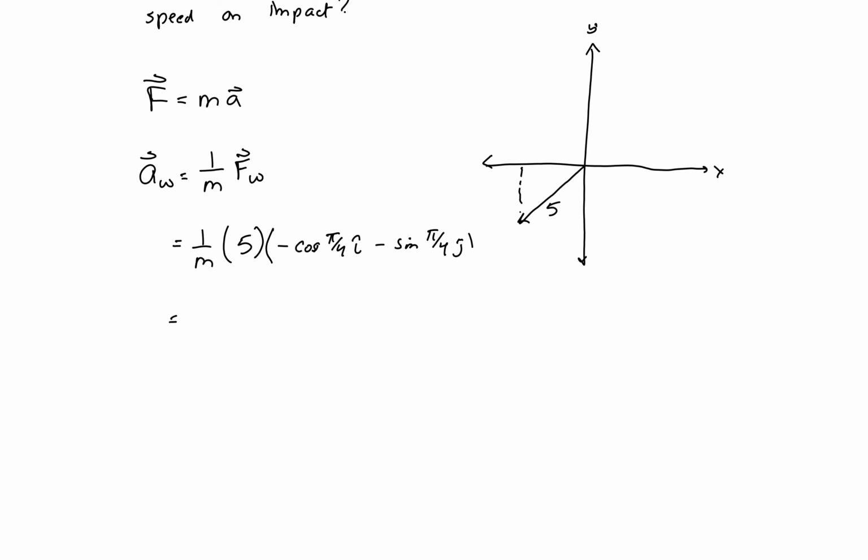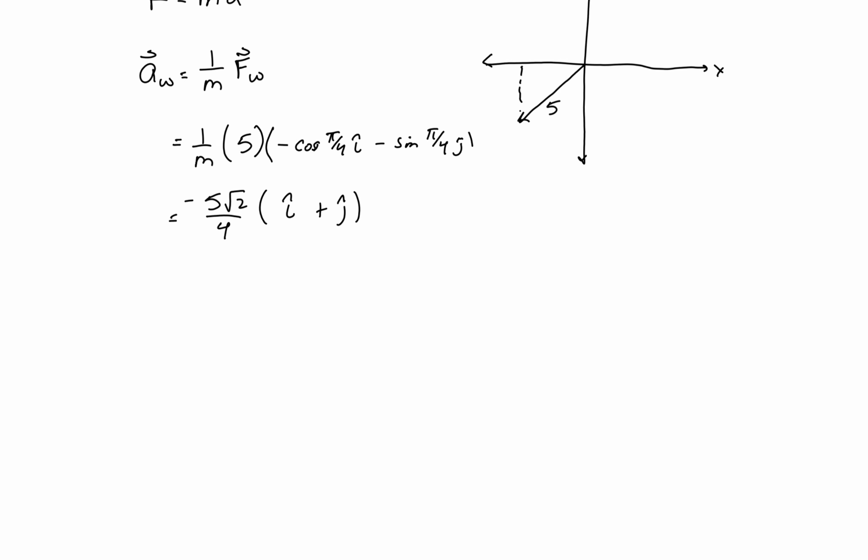So this is 5 root 2 over 4, and then I have i plus j. And now we're taking the x and y plane here to be the ground, and so the vertical axis is going to be our axis with respect to up and down. So our acceleration due to gravity is going to be in the negative k direction, so minus 9.8 k.